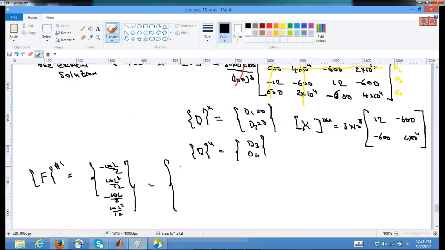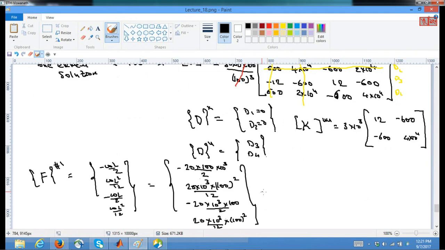So this would be minus 20 into, this is 20 kilonewton, so we need to mind our units. So this is our loading.